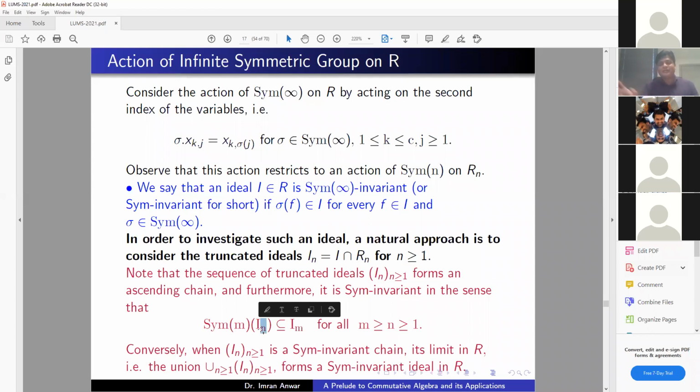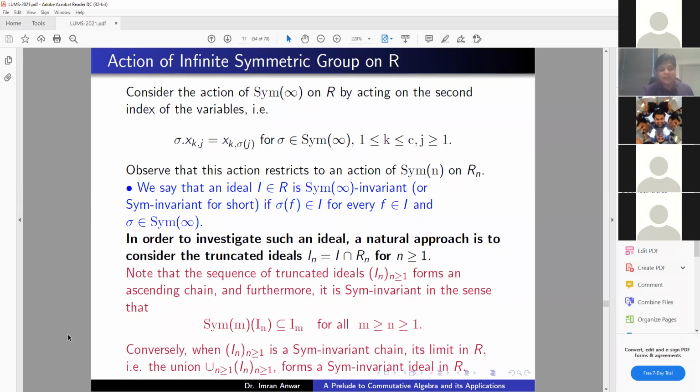When I apply Sym_m on it, where m is greater than n, I am applying a permutation of a larger set. I will view it in I_m. So I take this I_n part and view it in I_m, so this is going to be in I_m. Definitely, because you will see in an example where I can elaborate this more.